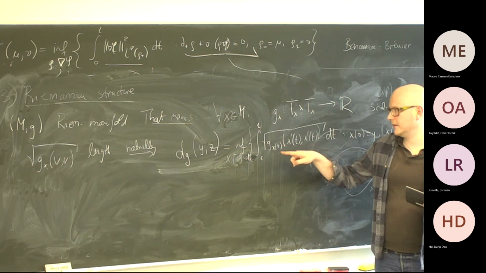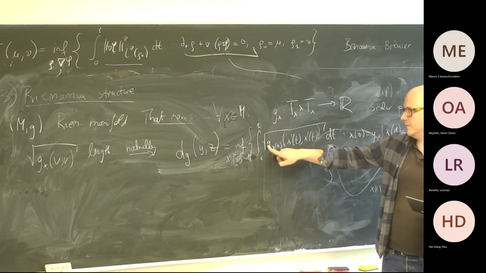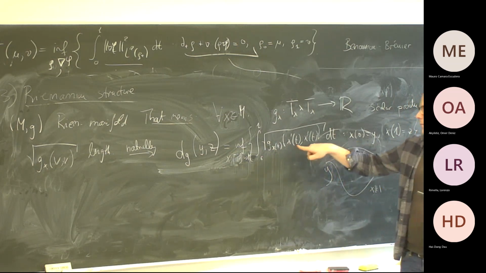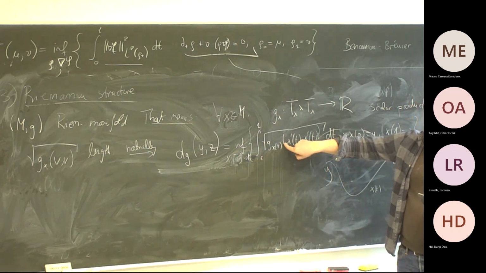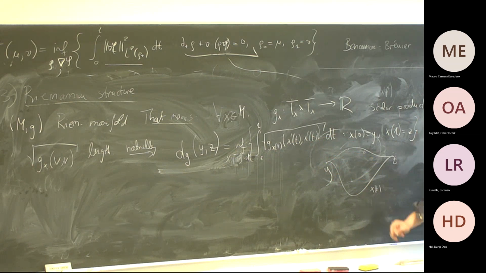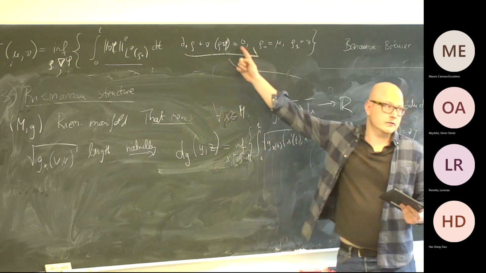We need to look at these Riemannian metrics evaluated at the point where we are, and then we look at the length of the tangent vector to the curve, which is the derivative. Okay, so that is something, and somehow the point, of course, now of writing this is that this looks a lot like this already.